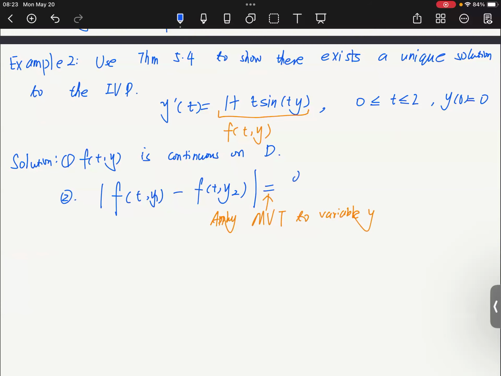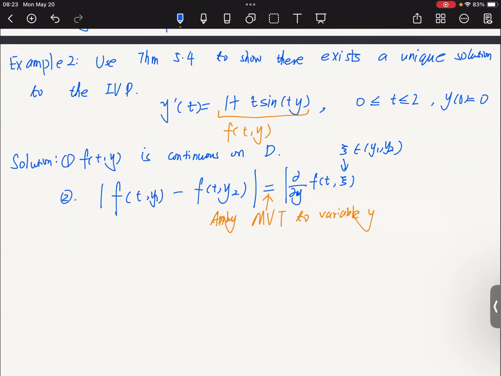Getting the first step, the derivative about y, and then we evaluate it at c. This c is an arbitrary point in between y1 and y2.